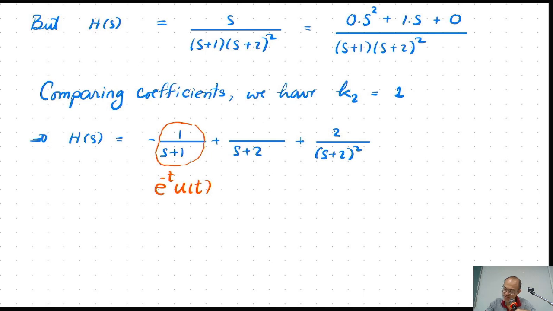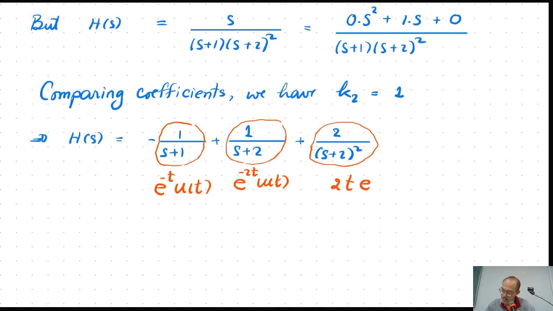Thank you, it is 1. The second term is e to the negative 2t, u(t). And the third term is 2t e to the negative 2t, u(t).